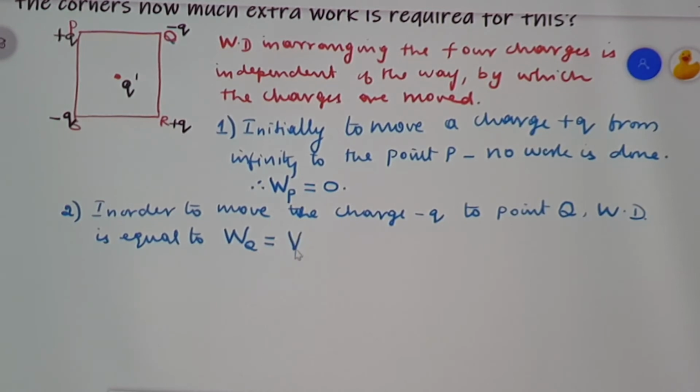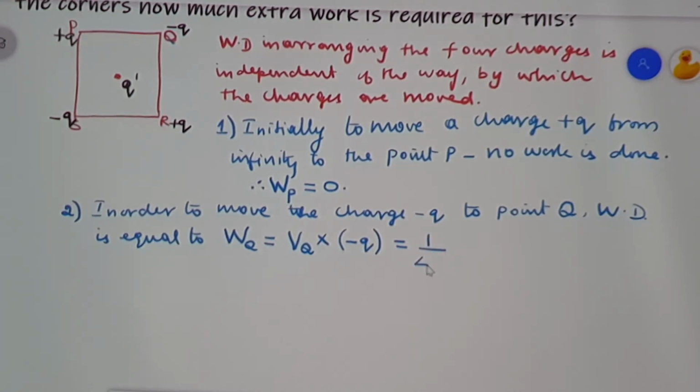due to this charge plus Q at P, multiplied with the amount of charge moved. The amount of charge moved is minus Q. What is the potential at this point Q due to this charge plus Q at P?